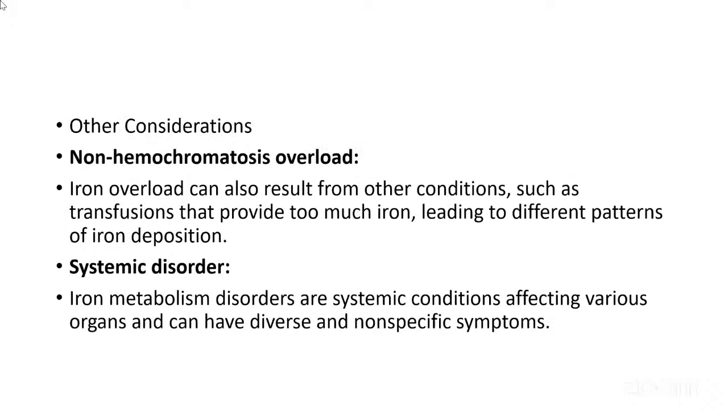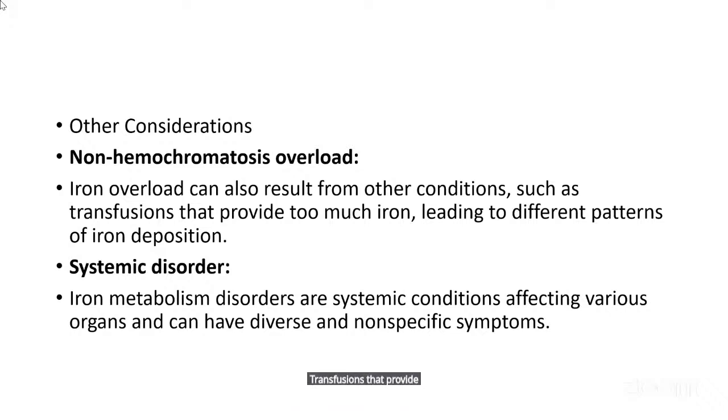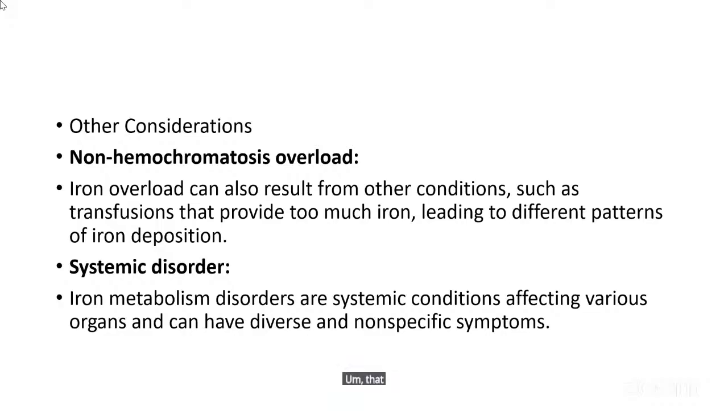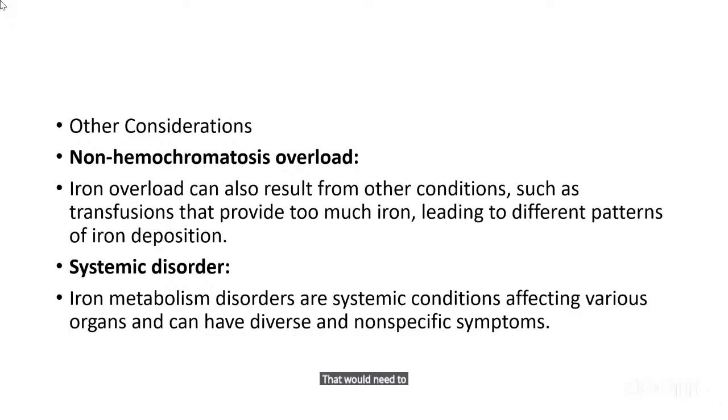Other considerations: non-hemochromatosis iron overload. Iron overload can also result from other conditions such as transfusions that provide too much iron, leading to different patterns of iron deposition. That occurs when we have too much transfusion, especially in patients like sickle cell patients that will need multiple blood transfusions.